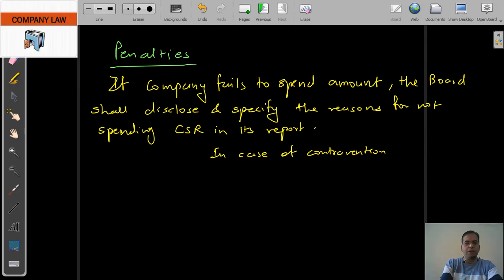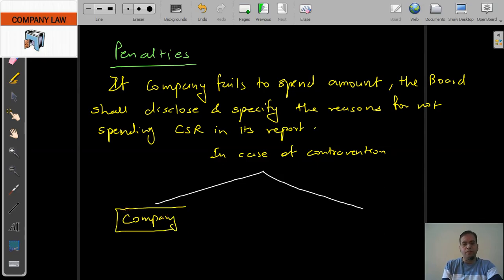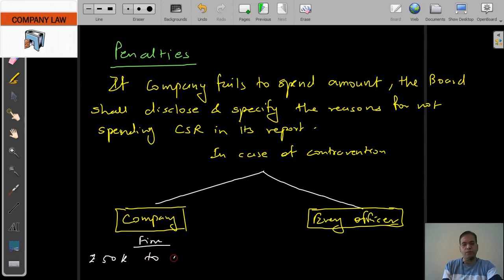And in case of contravention or default, what will happen? If it is a company and every officer in default, the company shall be punishable with a fine which shall not be less than 50,000, so a fine of 50,000 to 25 lakhs.